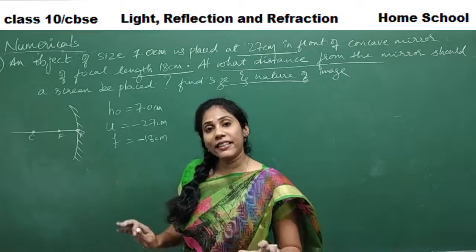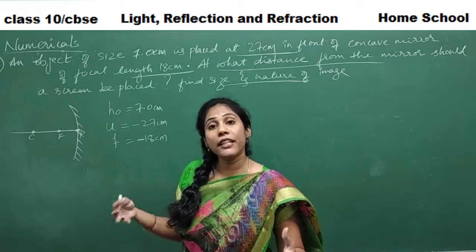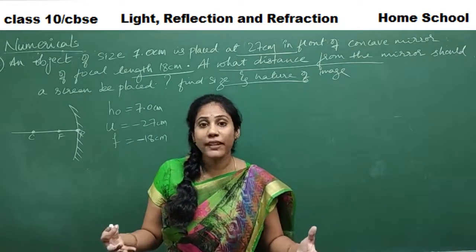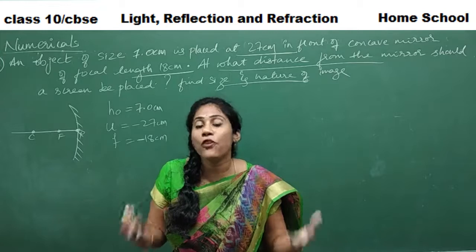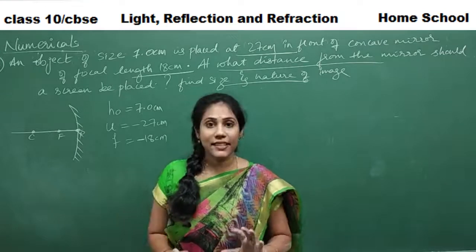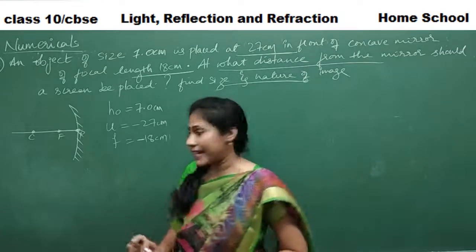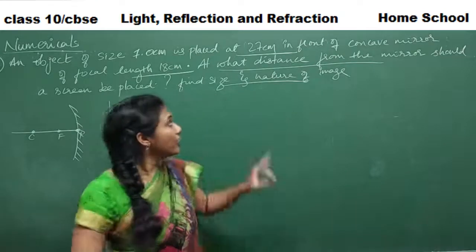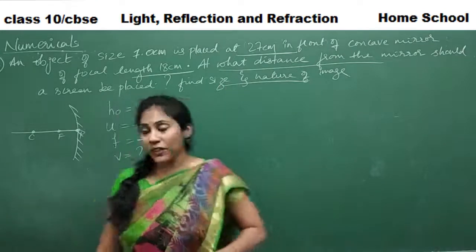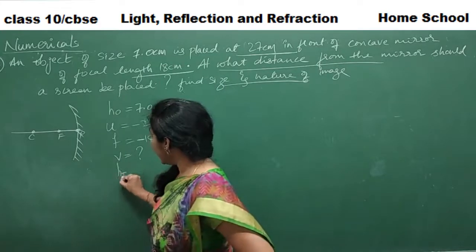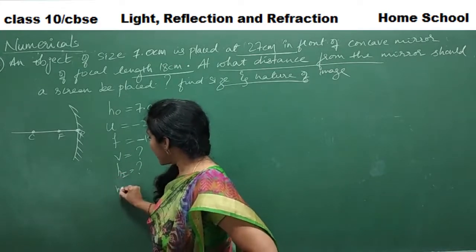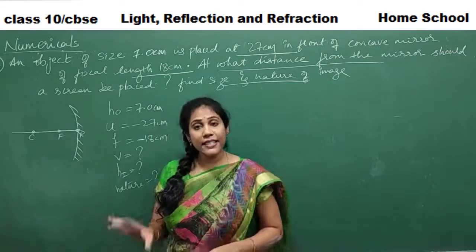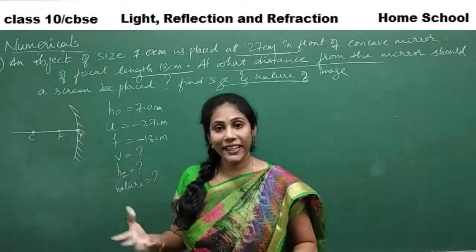So indirectly they are asking where the image is forming. Image position they are asking, so V is the one they are asking. And also they are asking the size of the image, that is HI, and they are also asking the nature of the image, in the sense whether it is inverted or erect.